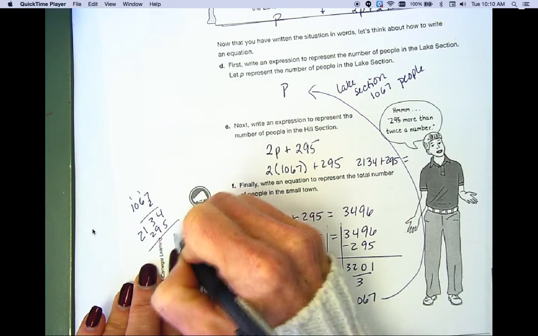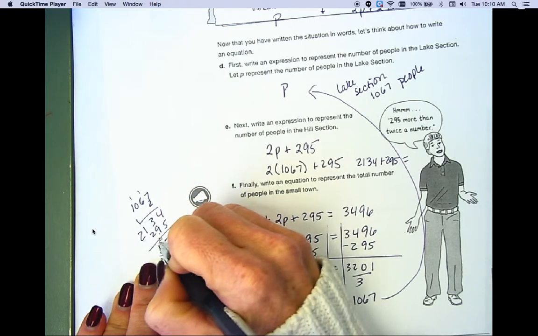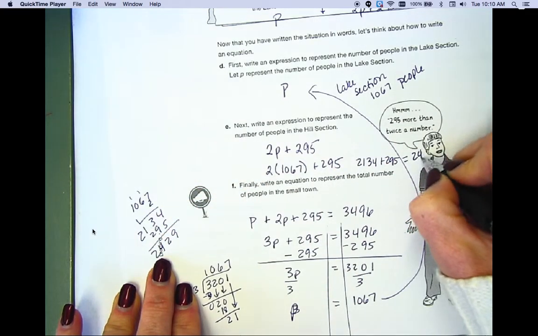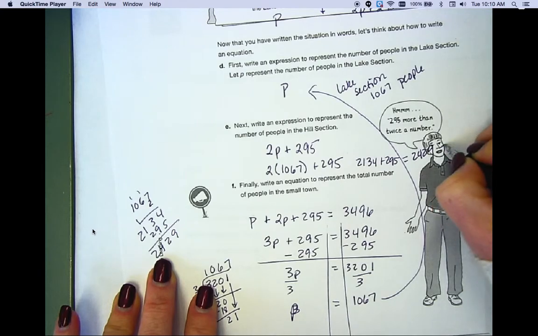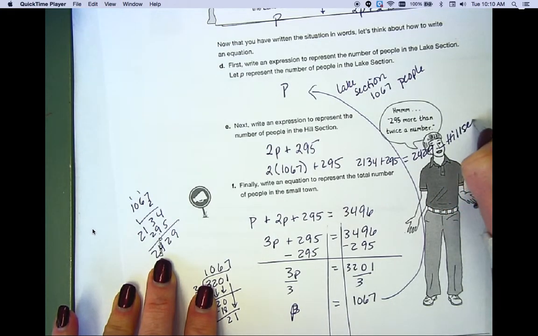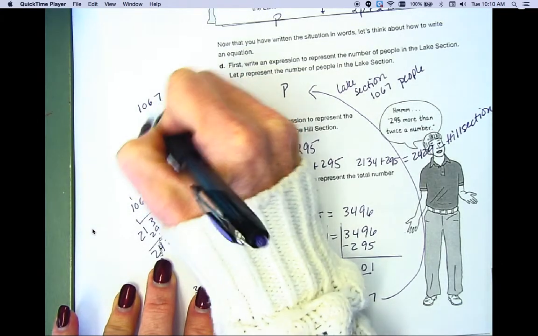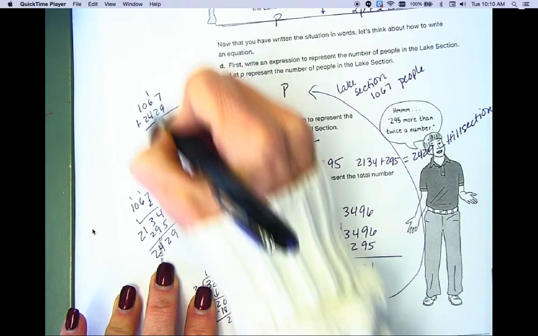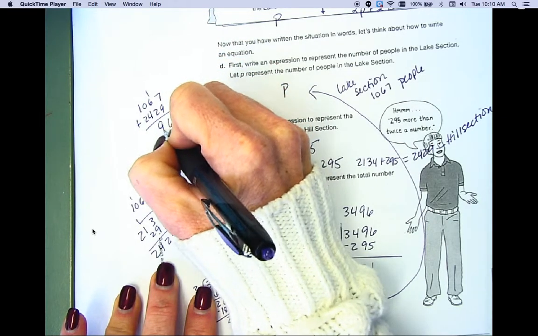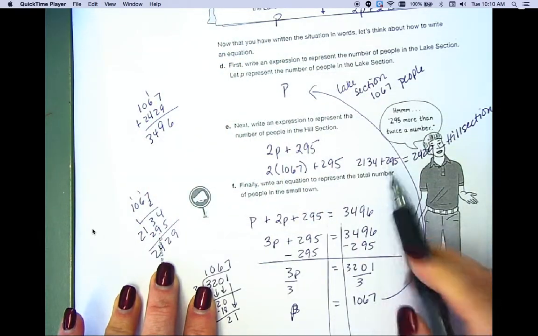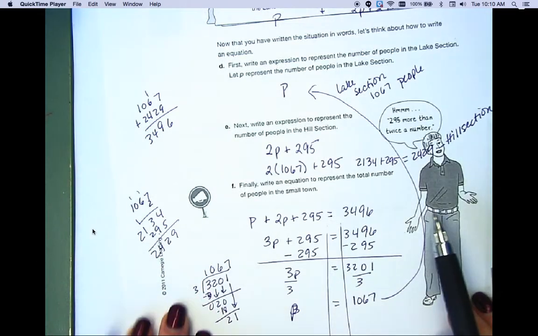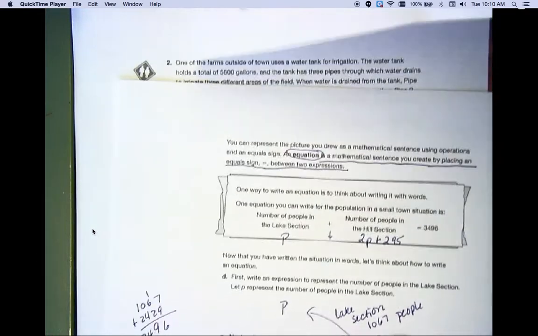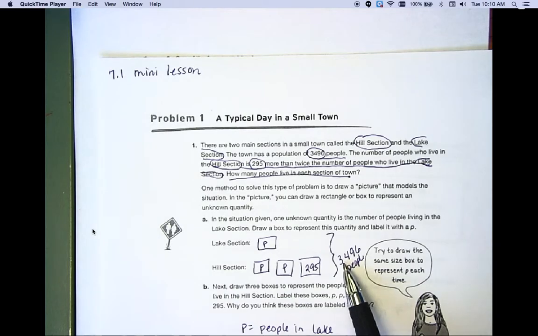Add that over here. So 2,429 people live in the hill section. And if I add these two together, I get back 3,496 people total.